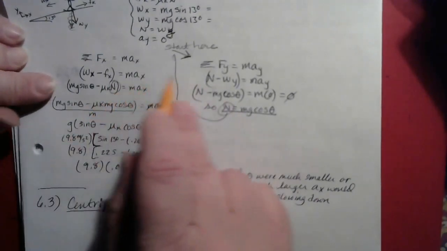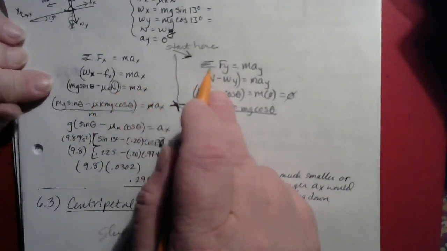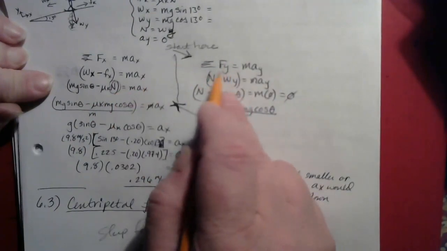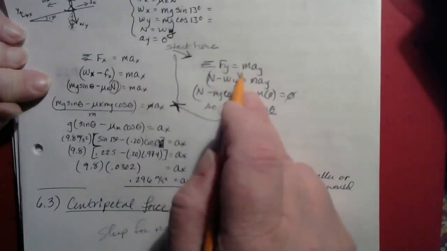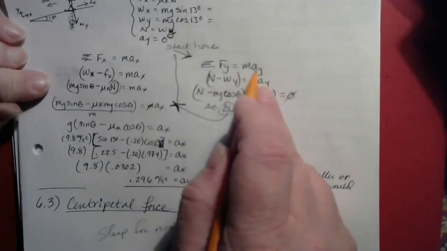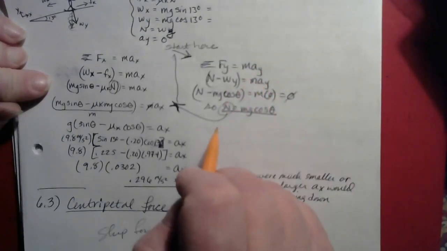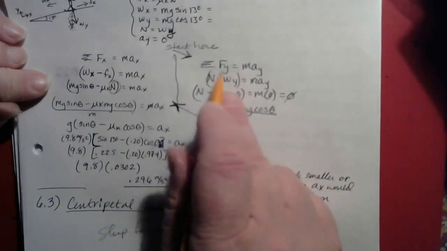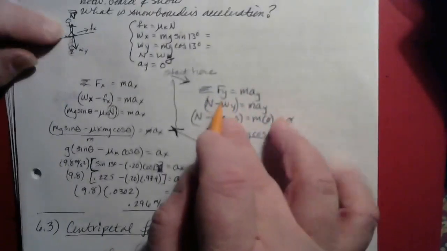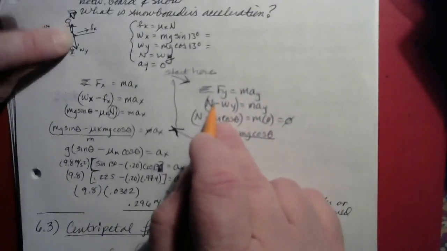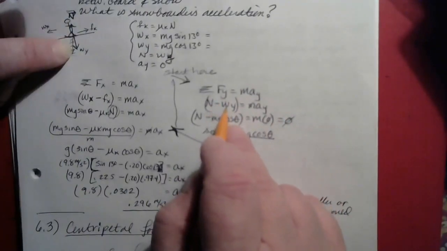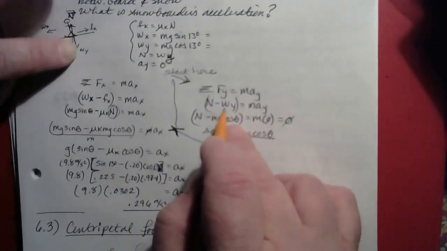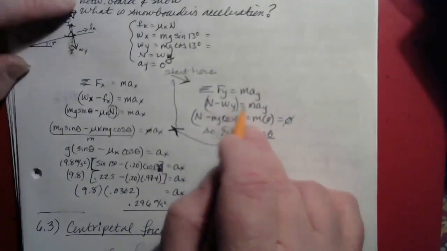So we'll set that aside for a moment and go over here where we have the summation of all of the forces in the y direction should be equal to the mass times the acceleration in the y direction. The sum total of all of the forces in the y direction should be the normal force, which is going upward, minus the y component of the weight, which is going downward.